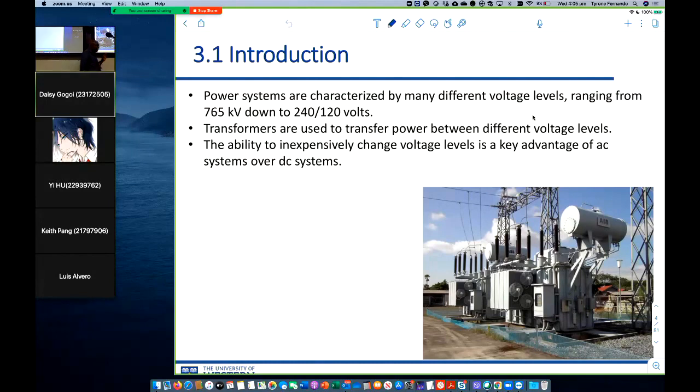Yeah, we use transformers to adjust the voltage levels of AC power systems, but then we can use something similar: DC-DC converters, which you will learn if you study power electronics as an option.